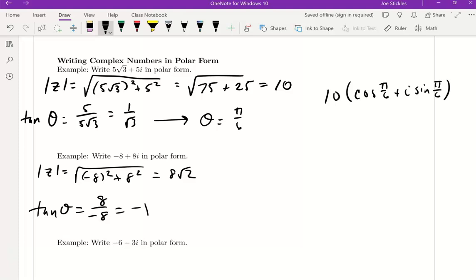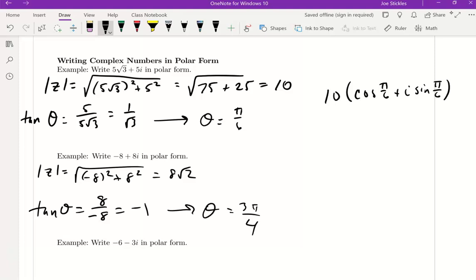This is negative and that's positive. What quadrant would you be in? The second quadrant, right? So you're looking for an angle in quadrant 2 that gives you a tangent value equal to negative 1. What angle do you want? 3 pi over 4. Good. So this tells me that our theta is 3 pi over 4.